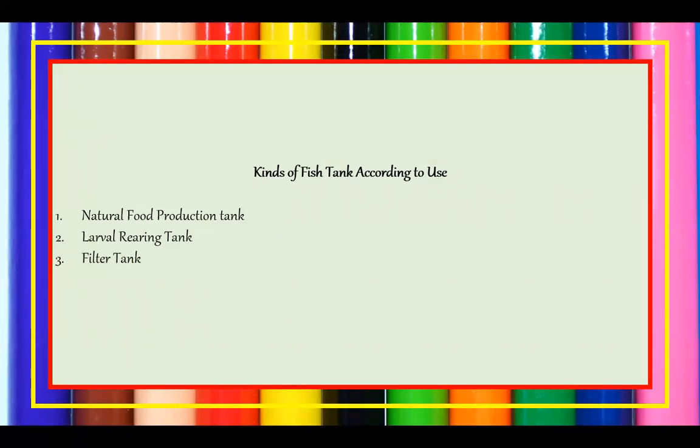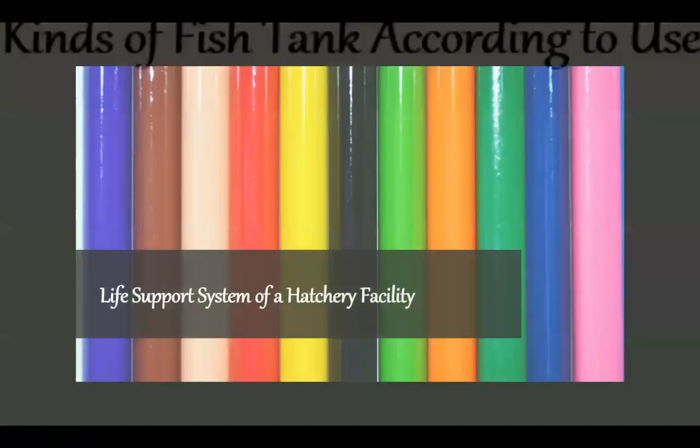Number three, we have filter tanks. Filter tanks filter water before it enters the different hatchery tanks. And last, a breeding tank. This is a tank intended for the fish producing eggs.